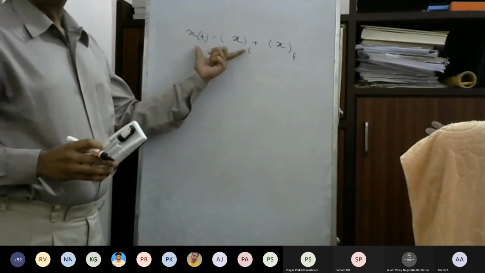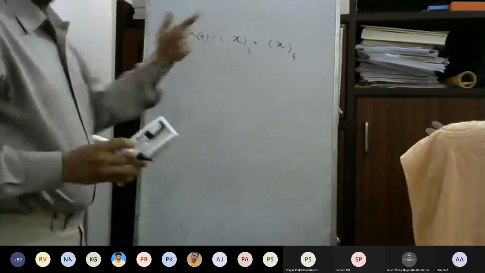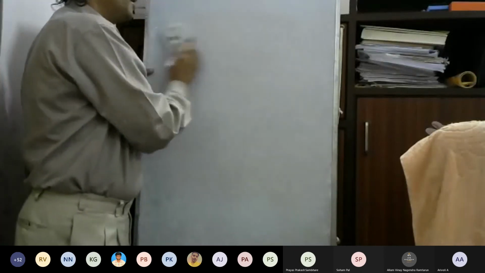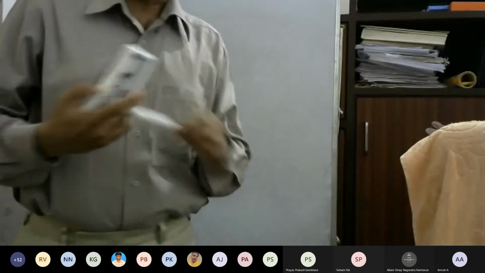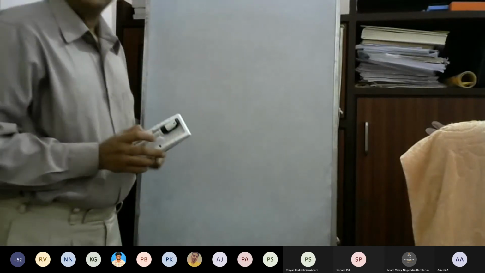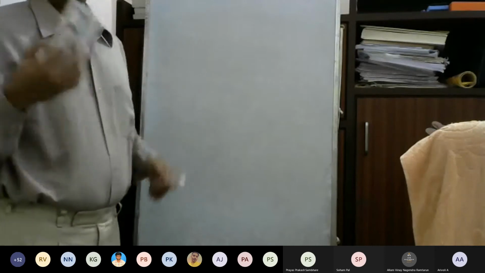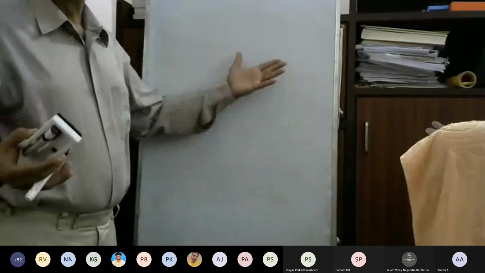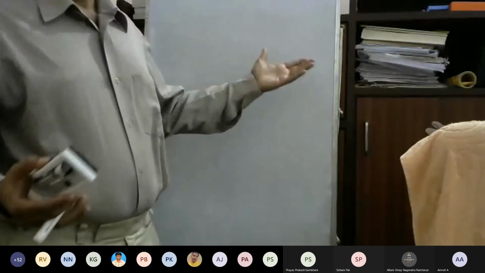This is true only for the linear system, and I am considering only the linear system in this class. For the nonlinear system, the response may be very complex, even if the system is very simple, because this simple superposition principle does not hold. Every case has to be taken up separately. There is no general theory for nonlinear systems, but for linear systems we can generalize the result.